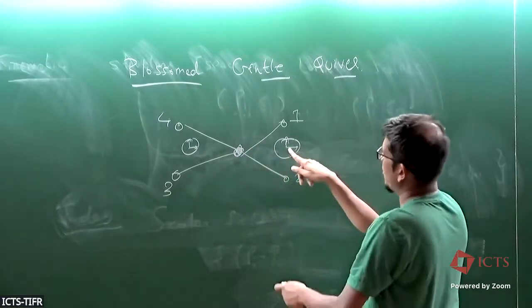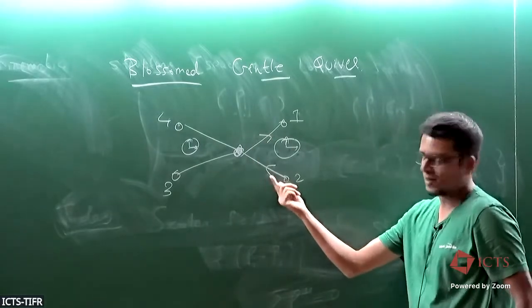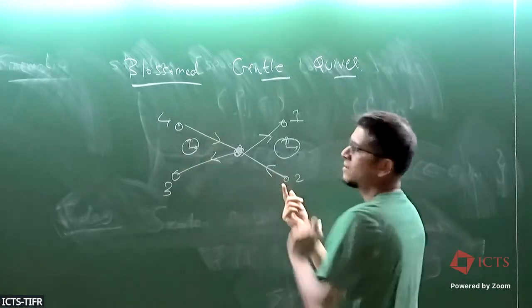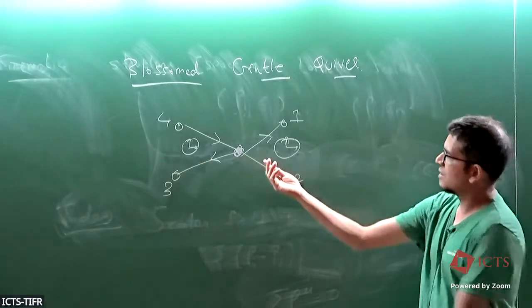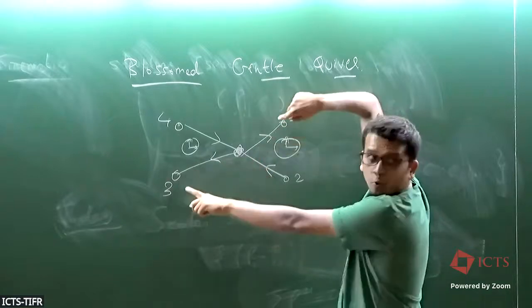So if you put a clock here, then clockwise means you go like this on these 2 arrows, and on these 2 you go like this. Now what happens is that this black dot is such that the arrows going towards 1 and 3 are outgoing.